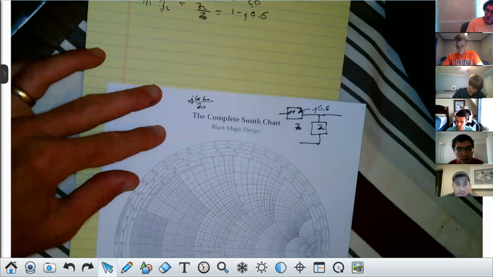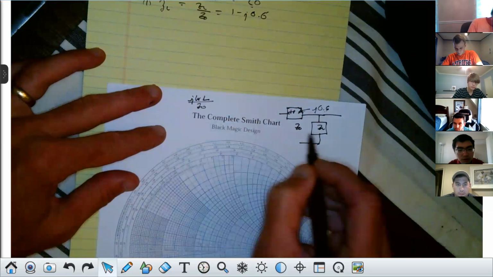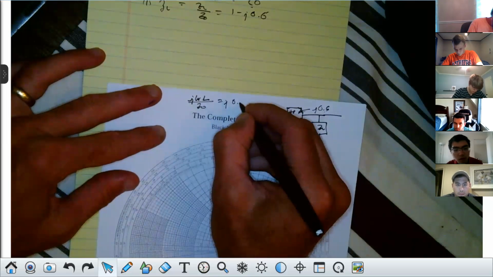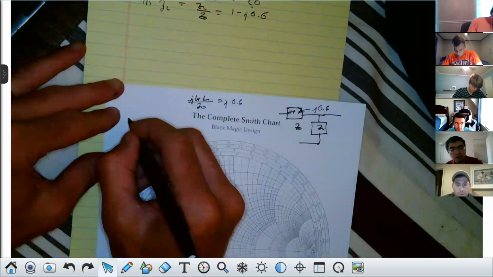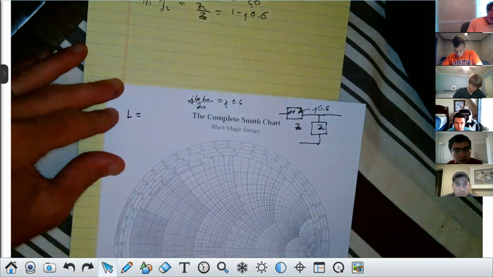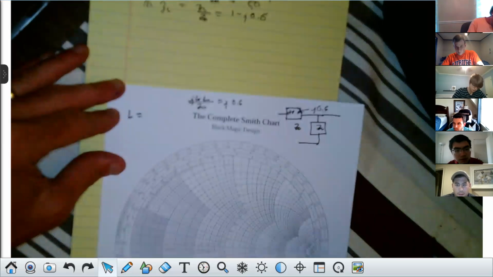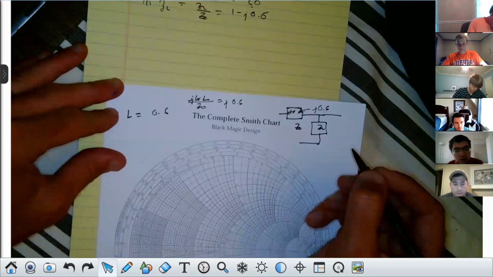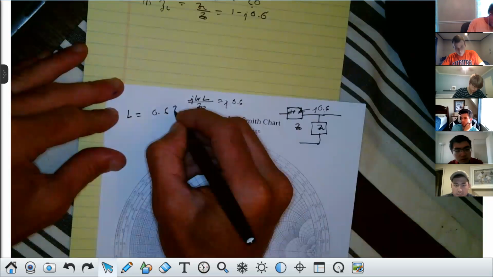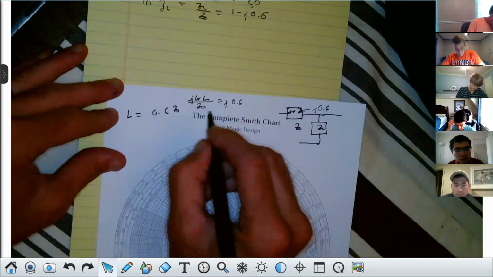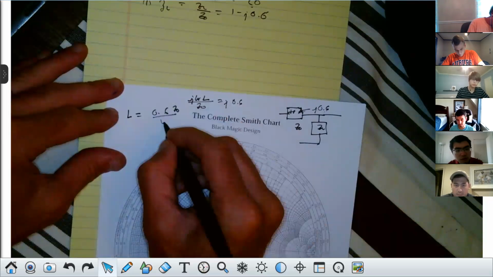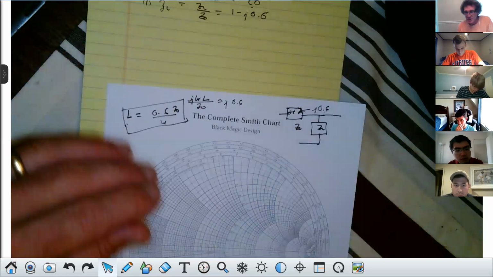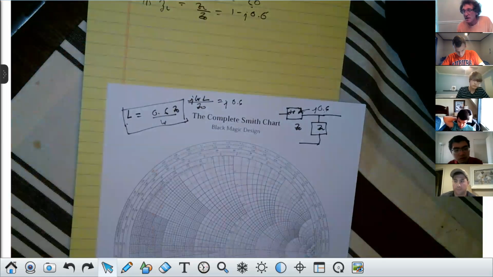You're going to have to use the characteristic impedance on this one all the time. And that would be set equal to J 0.6. And that means L for this one, regardless of what omega and Z naught is, would be 0.6, right? Remember, I'm after L times Z naught divided by omega. And that would be the value of the inductor if we were going to do a series element. Do you all agree with that, class?